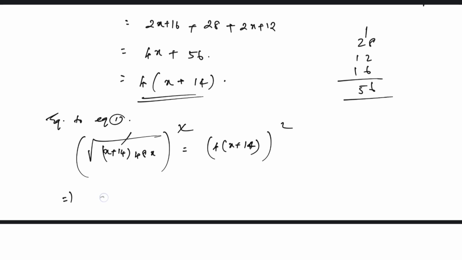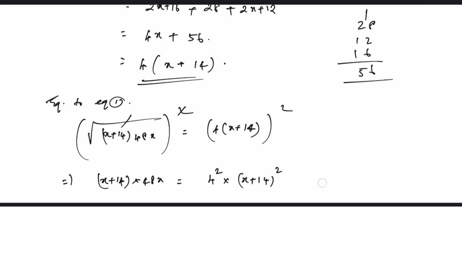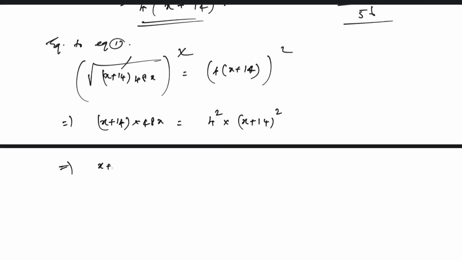We get x plus 14 into 48x is equal to 4 square into x plus 14 the whole square. We get x plus 14 into 48x is equal to 16 into x plus 14 the whole square.